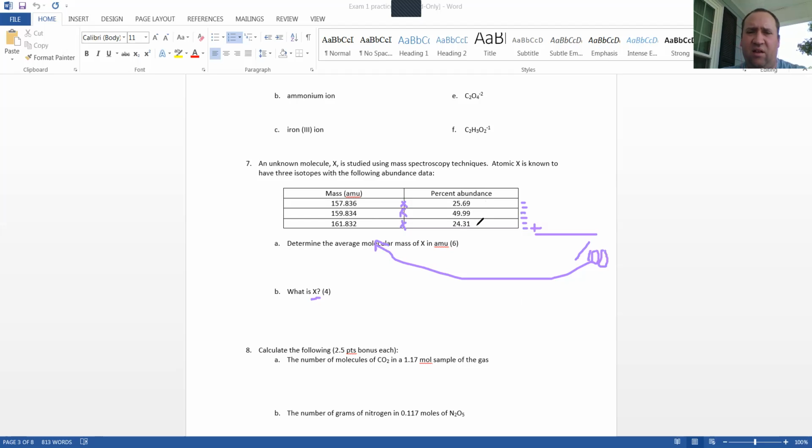So you don't want them individually? No, it's collective. You're going to put them all together. So you determine the average molecular mass, and then it says what is X. That's the element, right? Yeah, compare your average mass to the elements on the periodic table and pick the one that's closest. That's like the 1 point whatever for hydrogen, right?